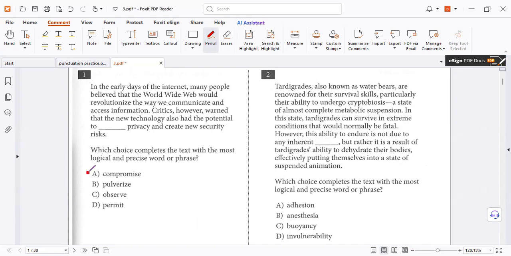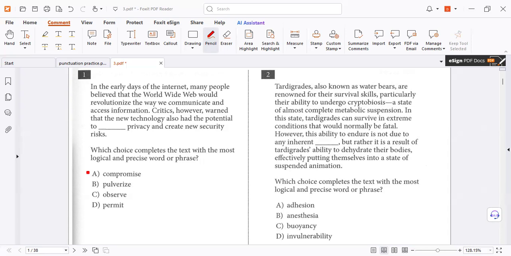Letter A is correct. But what does pulverize mean? Do you remember? Any word, Omar, you want to know, write and study. Any word in any test, expect it to be a test maker vocab word.